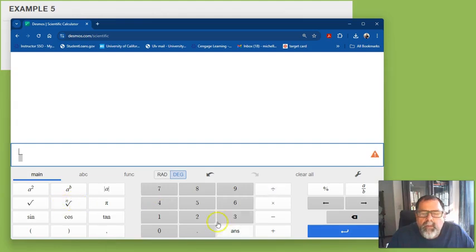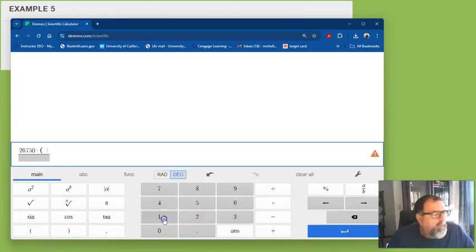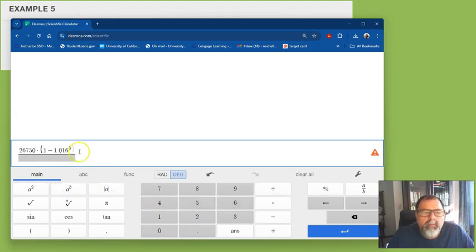Okay, so it's going to be 26,750 times parenthesis 1 minus r, 1.016 to the power 5 years, parenthesis, bottom, and then it's 1 minus r.